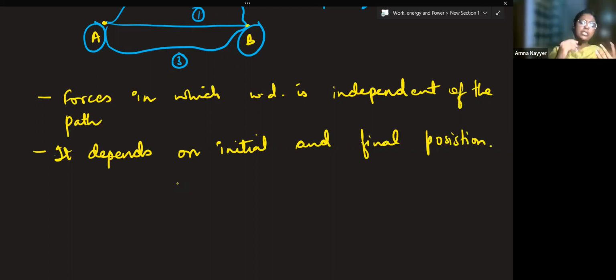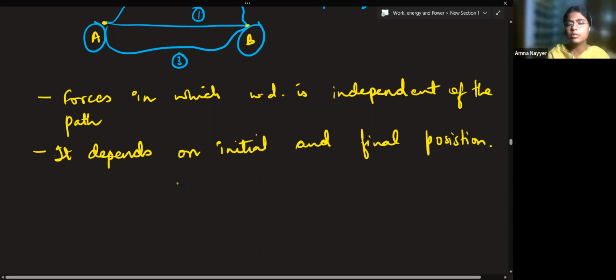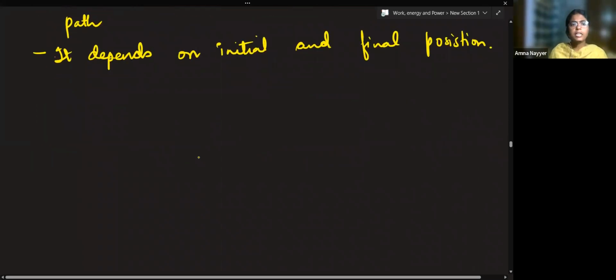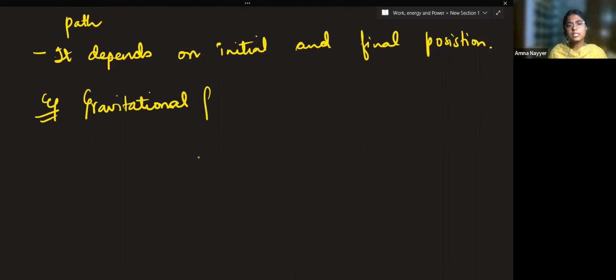Now see, for example, let's take some forces that are conservative. Gravitational force. Gravitation lesson is also there in your syllabus. I'll write down names of other forces as well. Gravitational force is there.